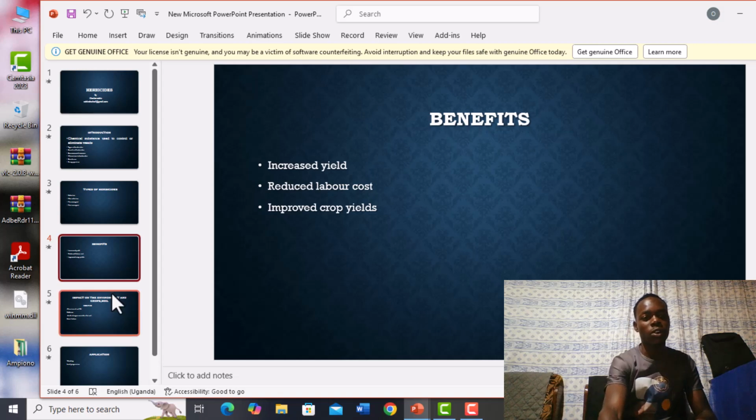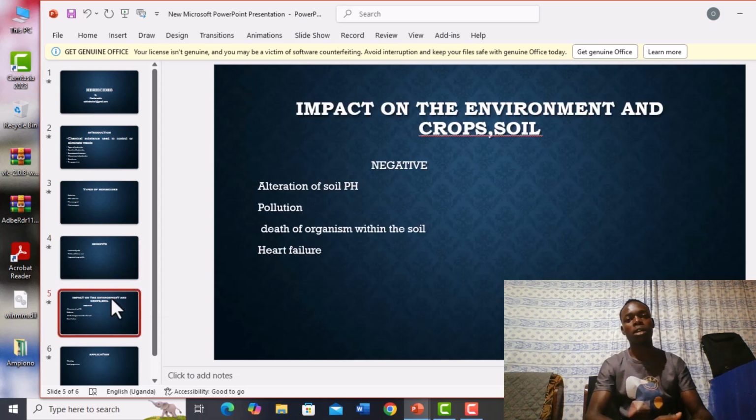Now the next one we are going to talk about is the impact on the environment, crops and the soil. The first is alteration of soil pH.